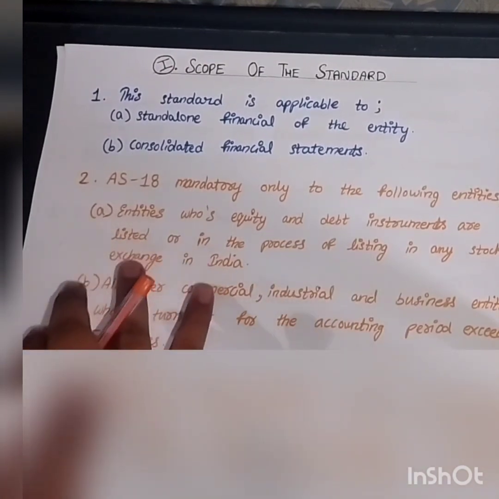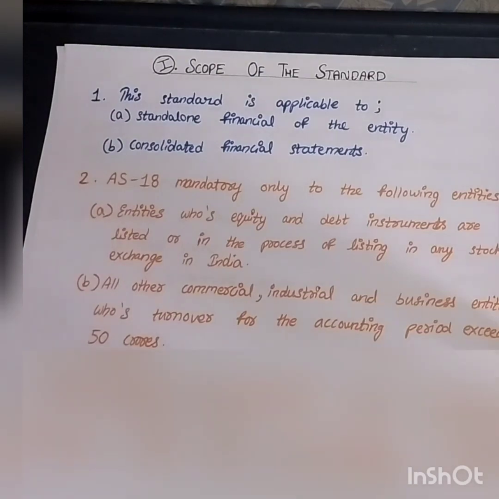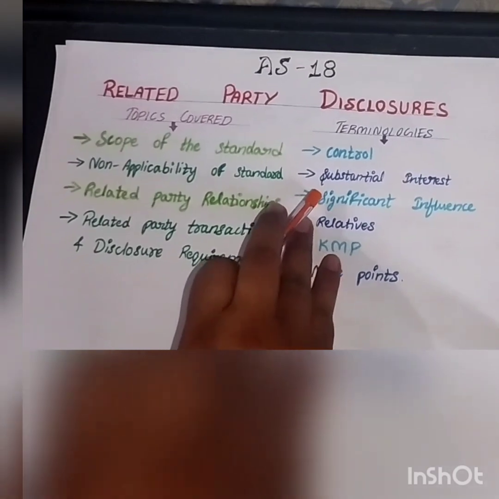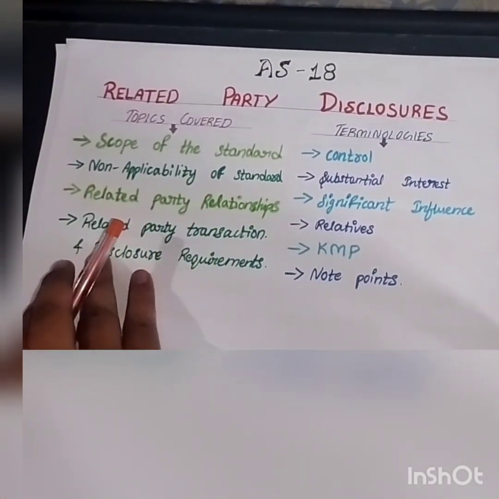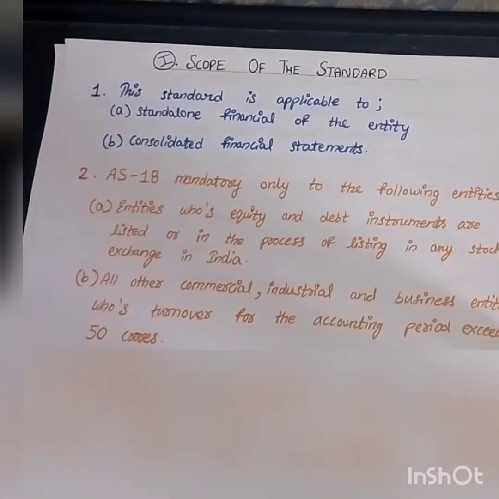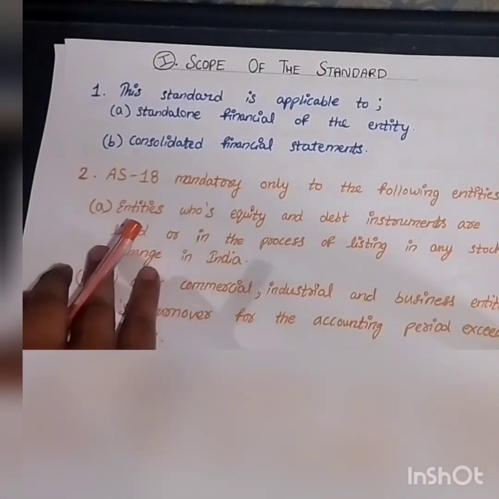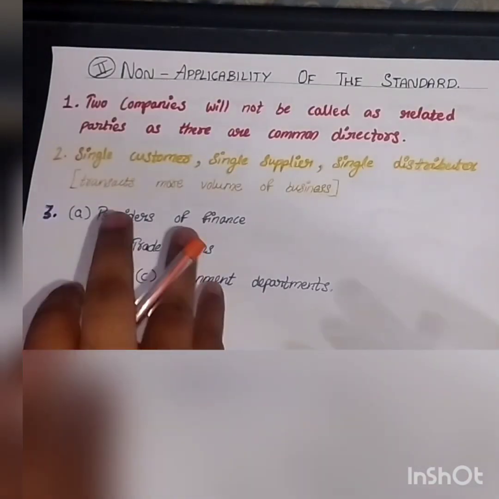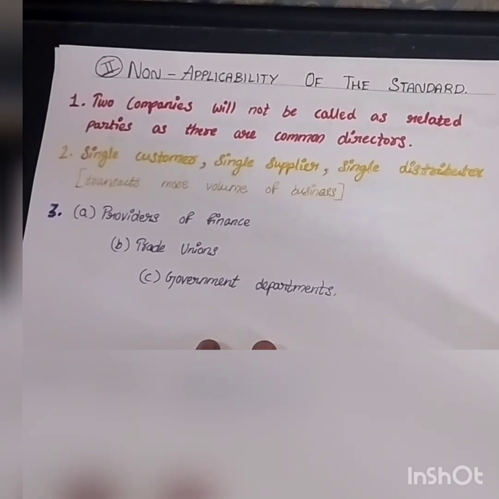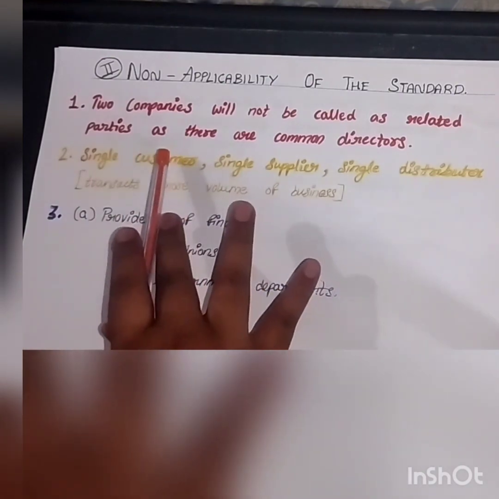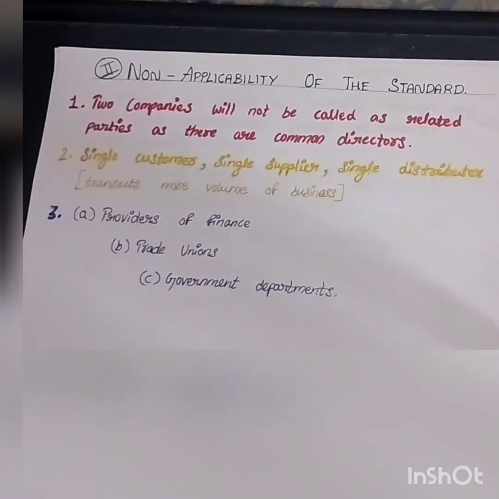So let us now discuss the second topic, that is non-applicability of the standard. In what cases is accounting standard 18 not applicable? As you can see, in these three cases accounting standard 18 is not applicable. First, two companies will not be called related parties merely because they have a common director.